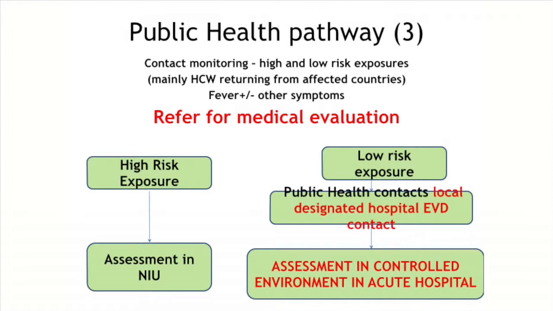Depending on the risk assessment of type of contact, that will determine where they will go. If these are people who would have had a high-risk exposure, and the example this morning, a breach of PPE while caring for patients with EVD, they will be assessed in the National Isolation Unit. If it was somebody with a low-risk exposure, again, public health will contact that person, the local designated hospital EVD contact, and assessment can take place in a controlled environment in the acute hospital.